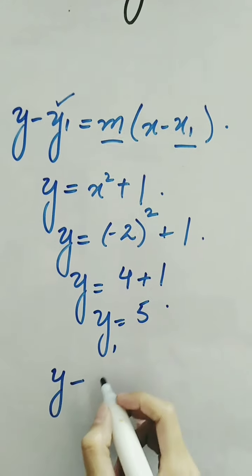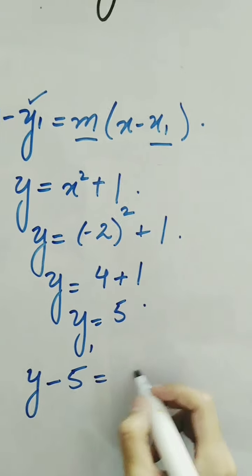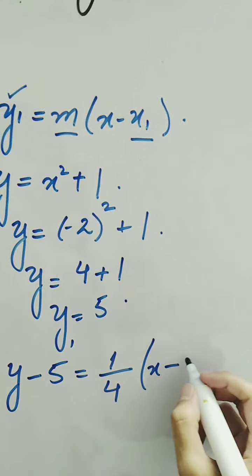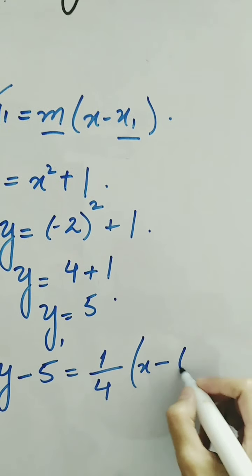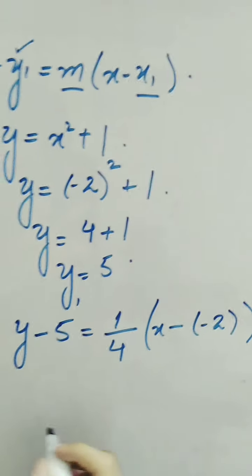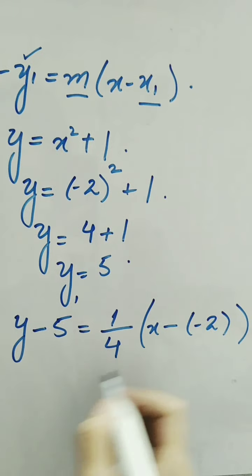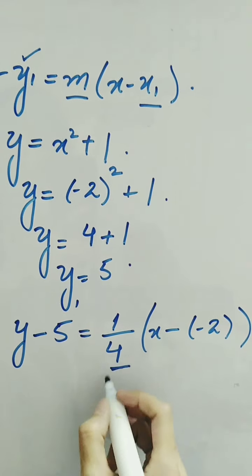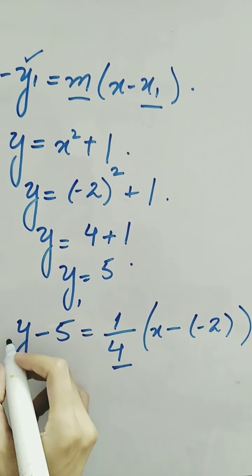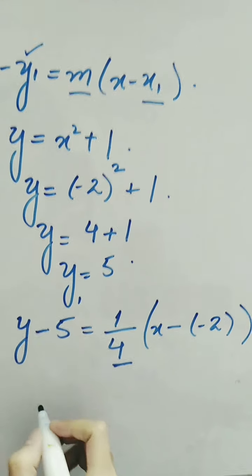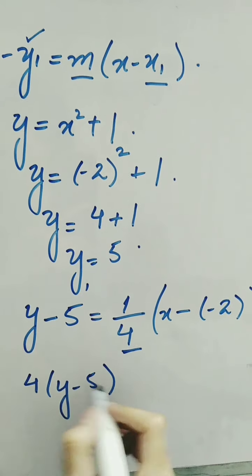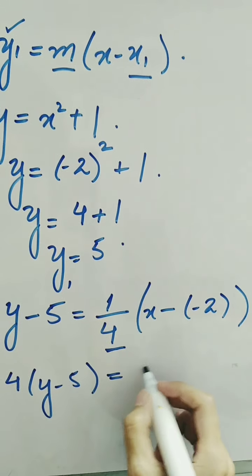Now we put the values in the formula of the equation and get our equation. Here y minus y1 is y minus 5, the value of gradient is 1 over 4, x minus x1 is x minus -2. Further solving, as this 4 is in the denominator here, if we shift it to the other side, it goes into the numerator and gets multiplied with the expression y minus 5.